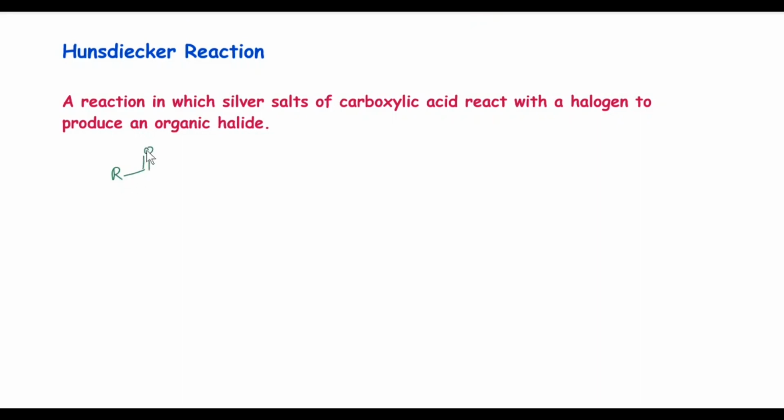An example of this reaction is this silver salt of this carboxylic acid reacting with a halogen, that is Br2 in CCl4. CCl4 is used as a solvent in this reaction and we get an organic halide, that is this alkyl bromide. Let us see the mechanism of this reaction.